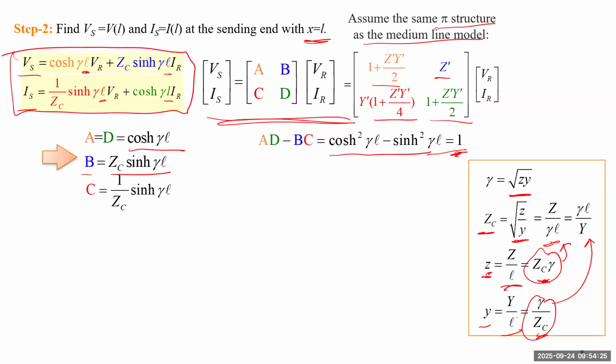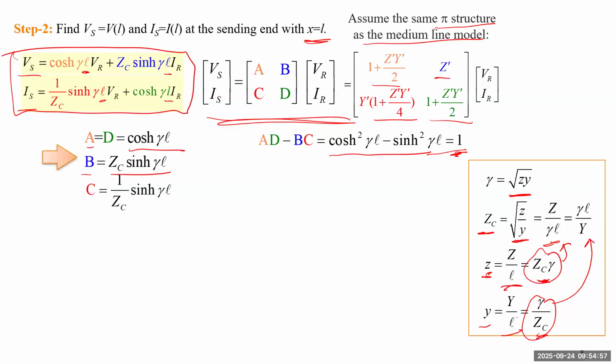But here, what we change is we add a prime to each Z and Y. Because Z prime and Y prime do not mean the actual impedance or admittance of the line, which just means the equivalent impedance and admittance of the line, if we find the equivalent circuit taking this pi structure. So let's figure out what Z prime and Y prime are.